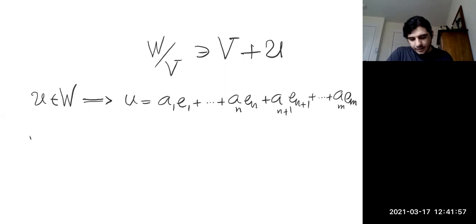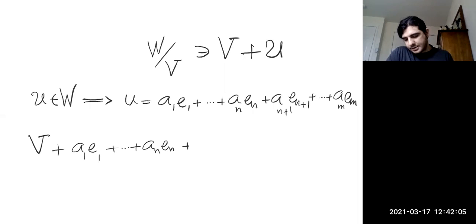Okay, so V plus U is equal to V plus A1 E1 up to An En plus An+1 En+1 up to Am Em.